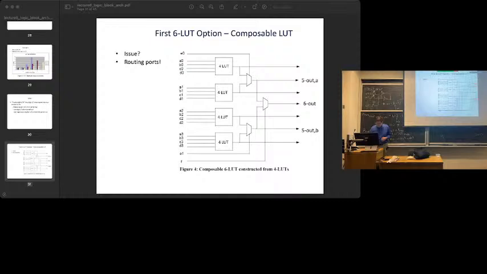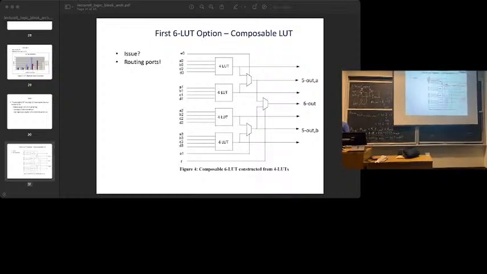So you mean like this input to the output is going to be faster than, say, this input to the output? Yeah, that's actually fundamental with all LUTs, though. If you look carefully at the Quartus timing report, you'll see that different inputs to a lookup table have different delays, because if I look inside this 4 LUT, it's built out of a tree of pass gates.